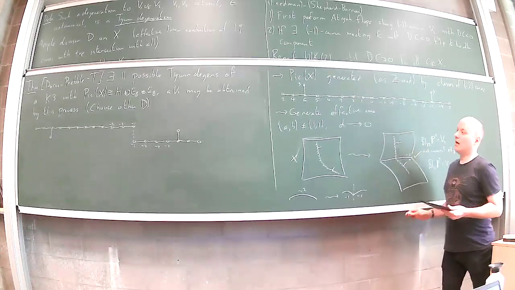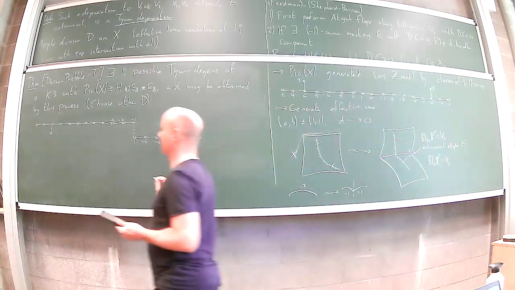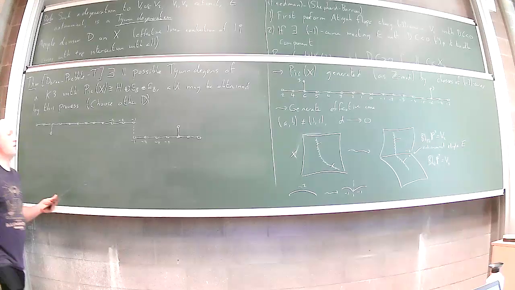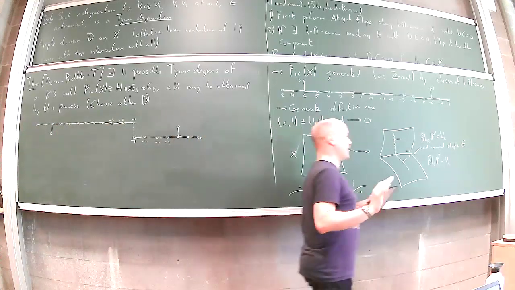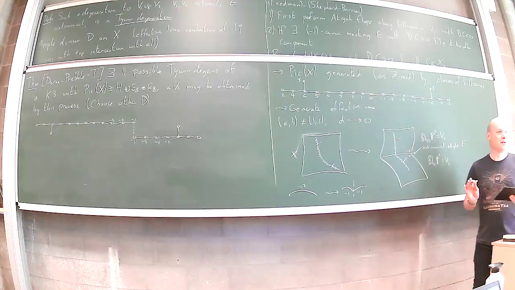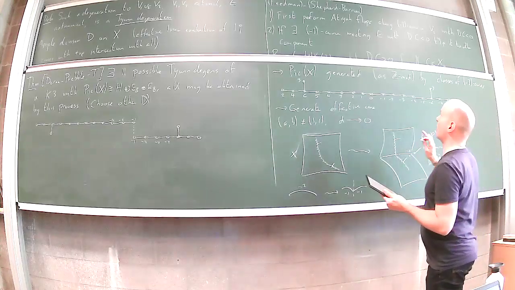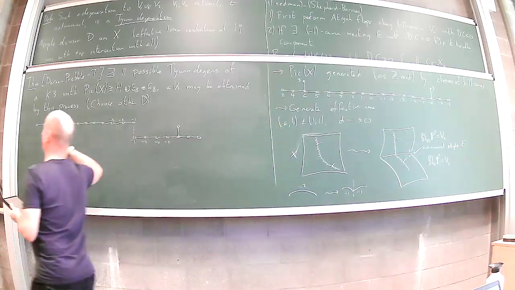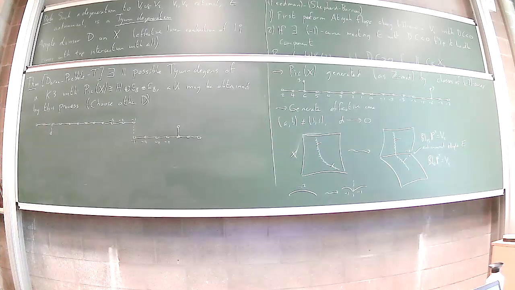I was 41 last week. And so far, nothing I have said really is younger than I. Friedman and Shepherd-Barron did this work before I was born. This theorem was a couple of years ago, but Friedman and Shepherd-Barron could have done this theorem.